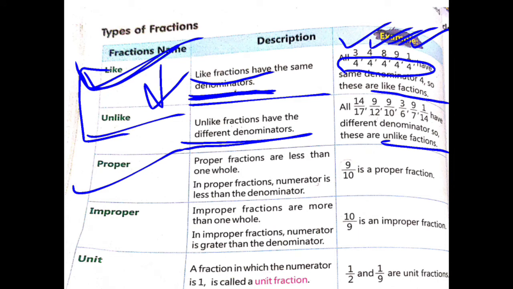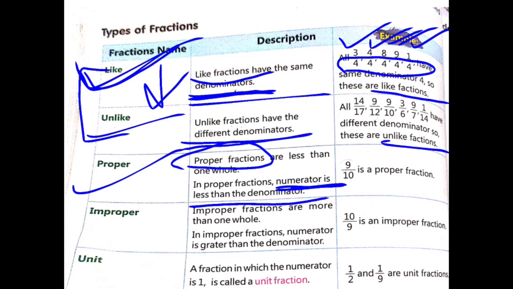Now we are talking about proper fraction. Third type is proper fraction. When in a particular fraction, the numerator is less than the denominator, जब आपका न्यूमरेटर है वो डिनोमिनेटर से कम हो, लेस हो, then you can say it is a proper fraction. Proper.